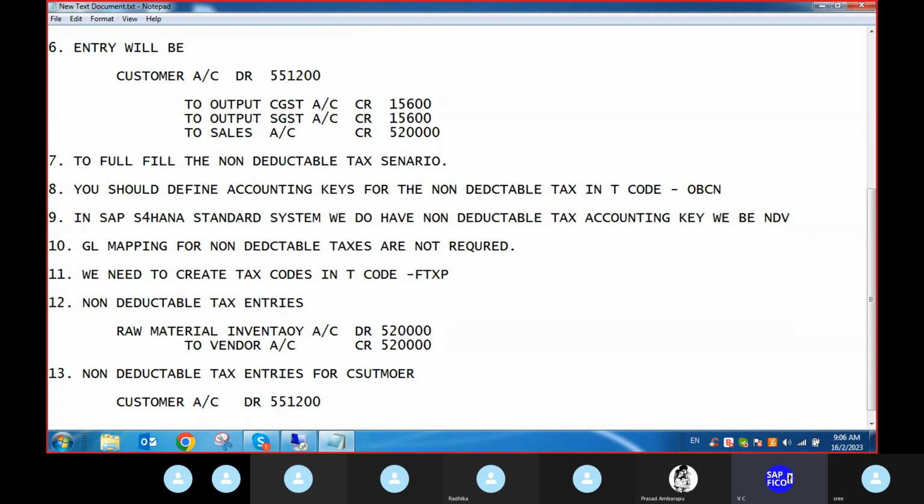Then to sales account creditor 5,51,200 rupees.